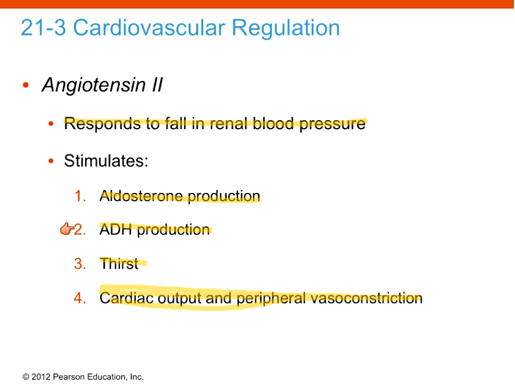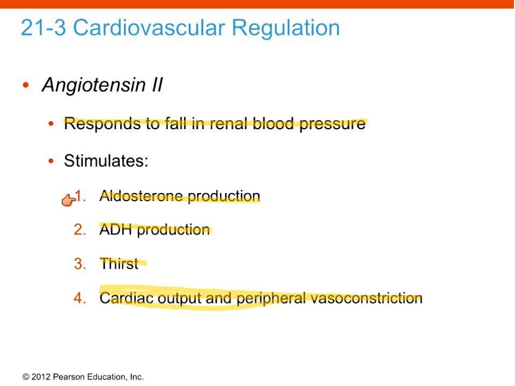Things that angiotensin II will do is, well, one of them we already saw, that it's going to increase the amount of antidiuretic hormone or ADH production. Aldosterone, it's kind of like antidiuretic hormone in that it helps to retain water, but it does it in a roundabout way. So it's going to actually retain sodium ions, and you've probably heard that old adage that water follows salt.